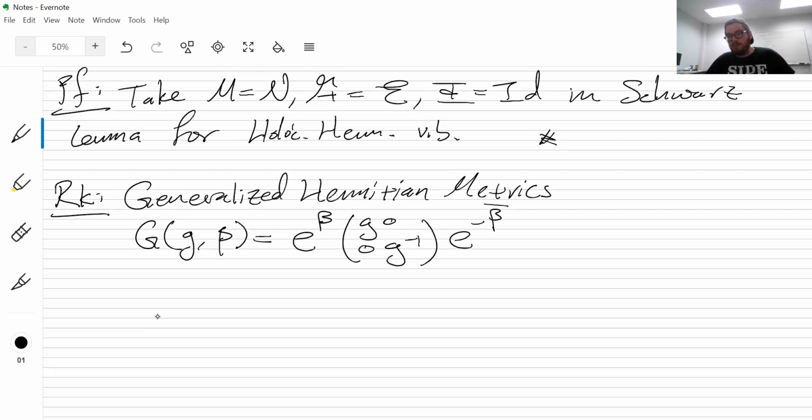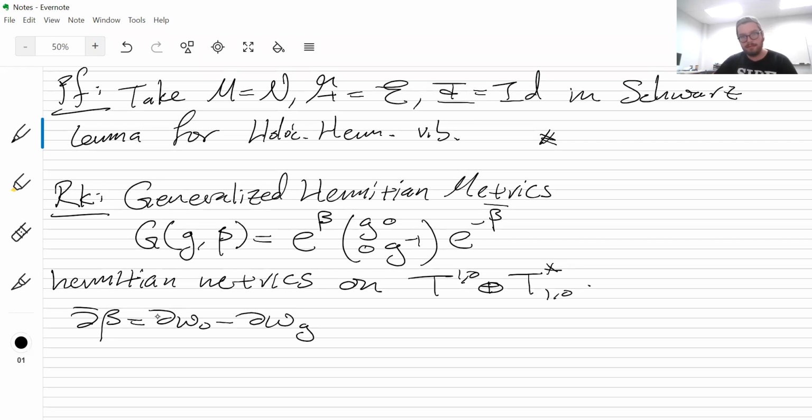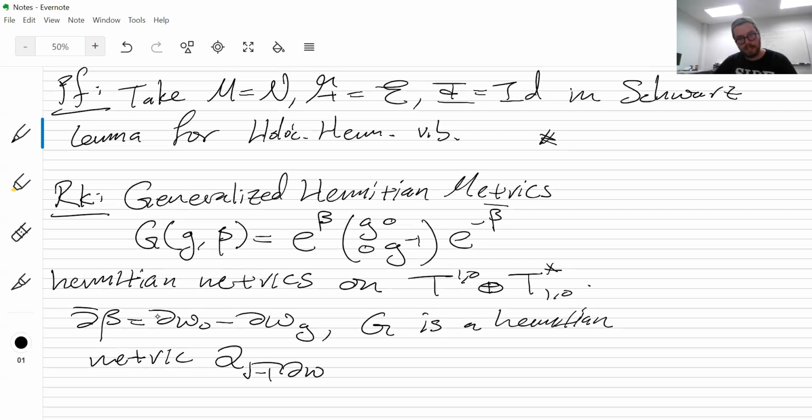These guys are special cases of Hermitian metrics, right? These are Hermitian metrics on T10 plus T star 10, on our holomorphic Courant algebroid. So specifically, as long as beta satisfies some certain integrability conditions, we can put this guy, so in particular, as long as del bar beta is del omega naught minus del omega G, then this G is a Hermitian metric on our holomorphic Courant algebroid, like this background one.